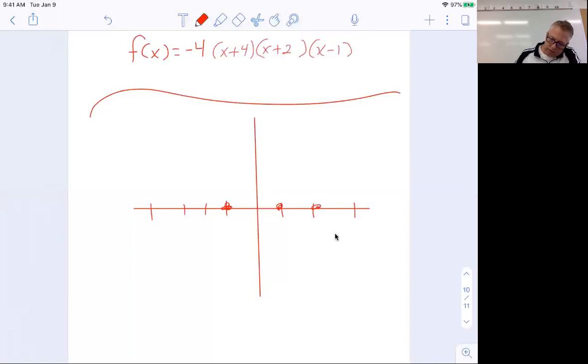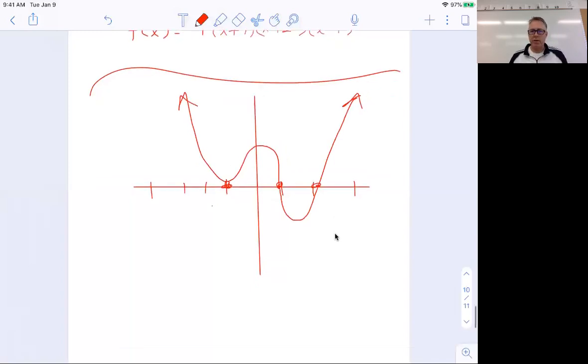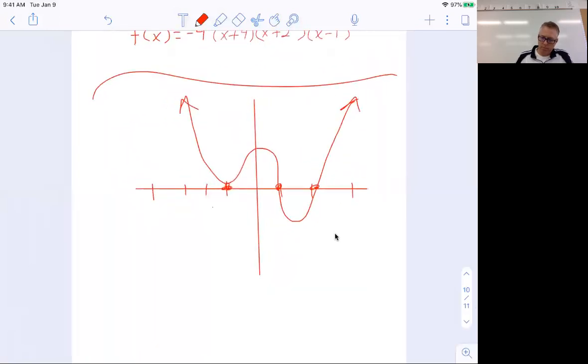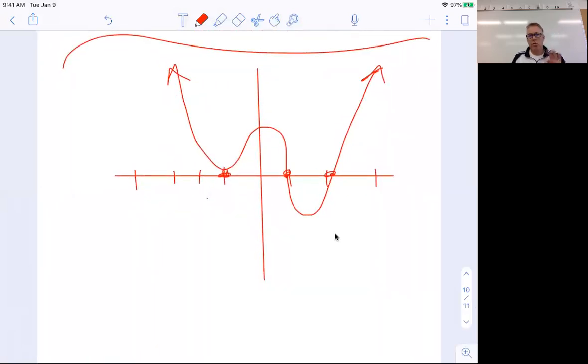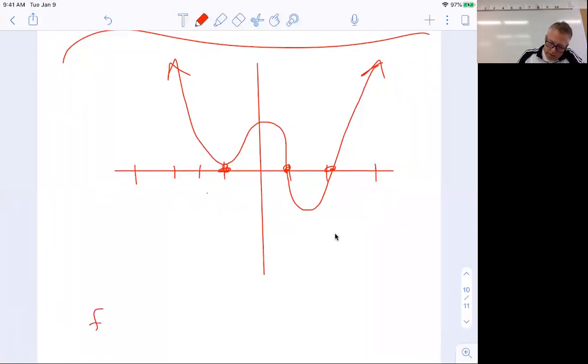All right, so this is going to be up here. It's going to pass through there, but it's going to bounce off of here. So I had it bounce at -1. So be careful when you're drawing your graph. I'll give you a second to do that. So I have 3 roots. And I want to try and write a possible equation of this polynomial.